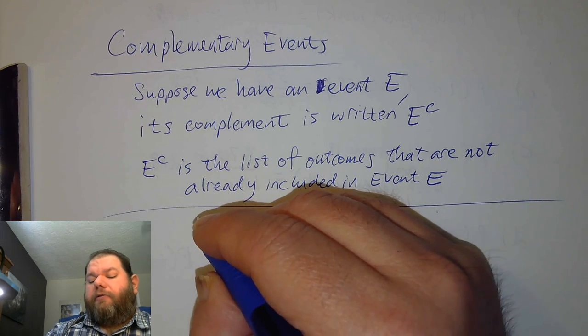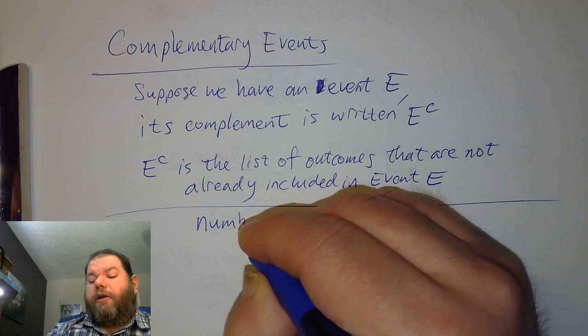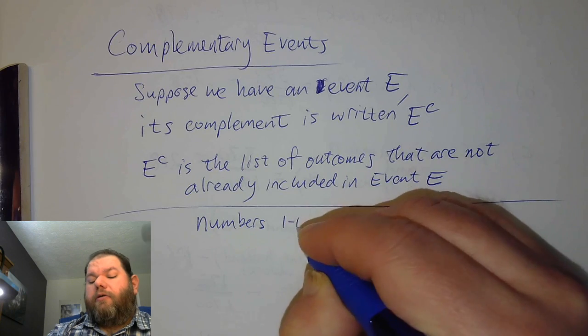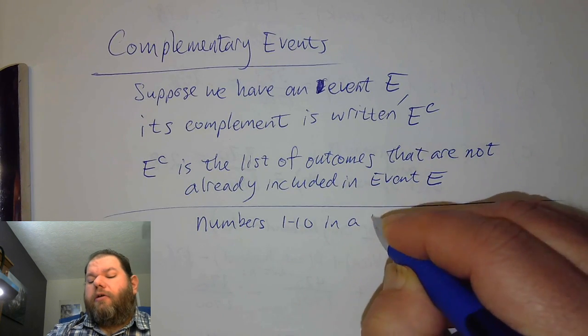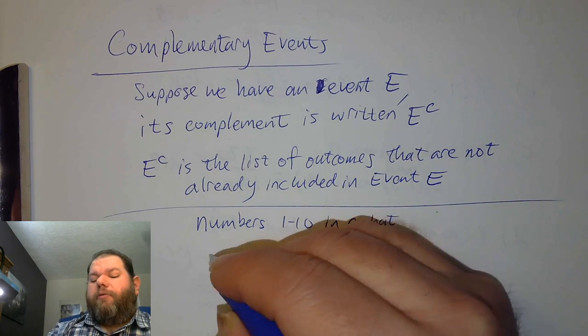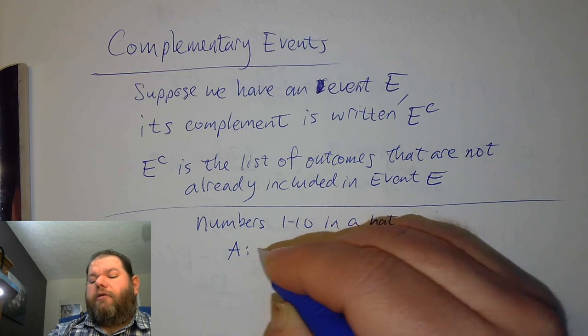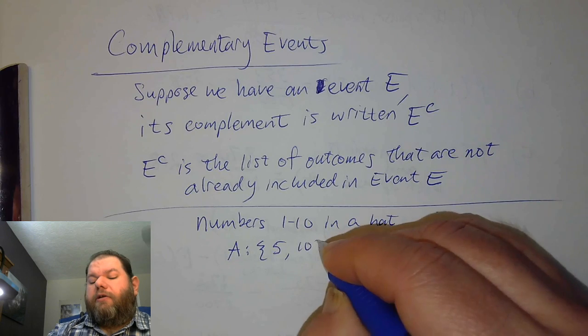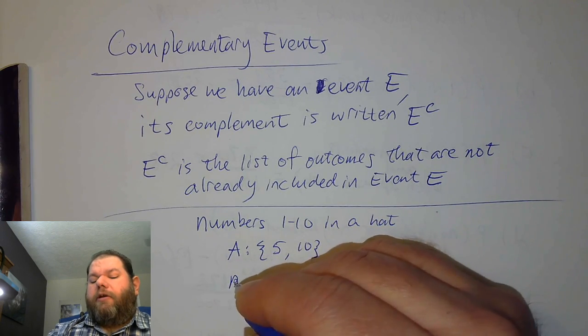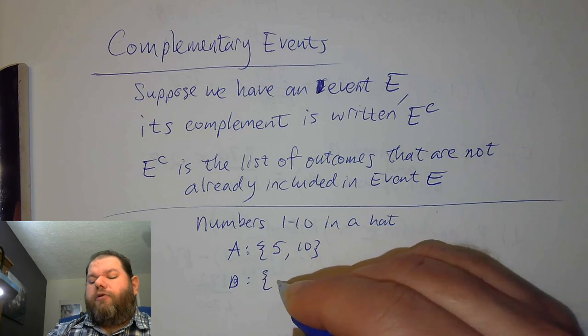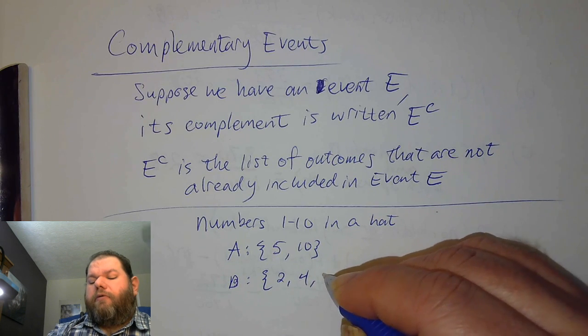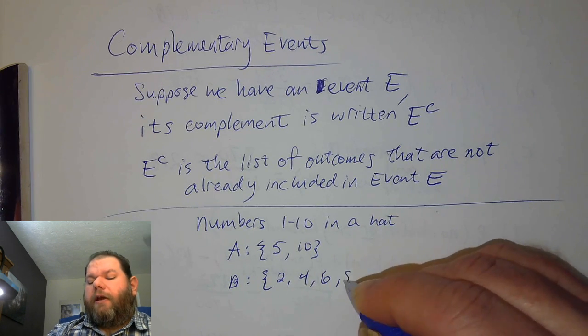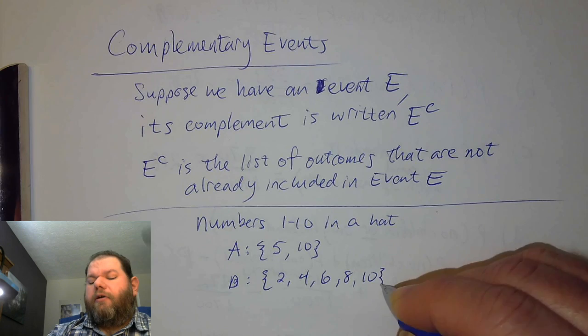So if we go back to our numbers 1 through 10 in a hat, and we had event A was 5 and 10. Event B, we drew a 2, 4, 6, 8, or 10.